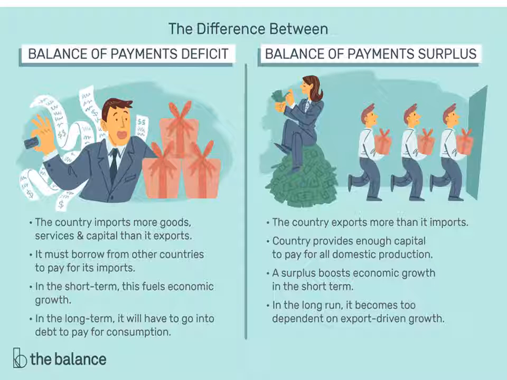So it's not good for the long term. Balance of payment surplus means you're exporting more than you're importing. Of course, the country here now has enough capital, and that could allow it to increase domestic production. Now, a surplus is very good for economic growth in the short term, and in the long run, it could lead to economic growth.